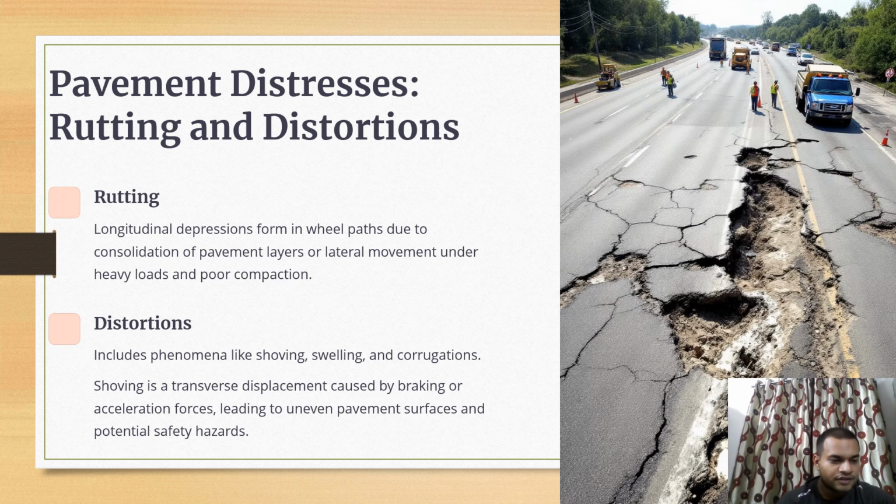Second is distortion. Distortions are changes in the shape of the road surface. They are of two types: shoving and swelling. Shoving looks like a wave or a bump across the road, like the road has been pushed against something.